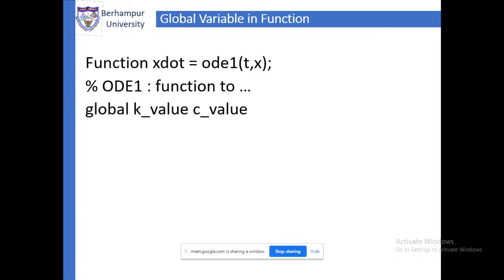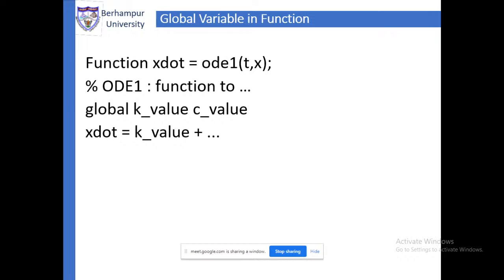The moment you write global, anything that follows becomes a global variable. So global k value, c value. Now these two values, k value and c value, are going to be global variables. Then you can write xdot is equal to k value plus something, or k value into something, whatever you want.